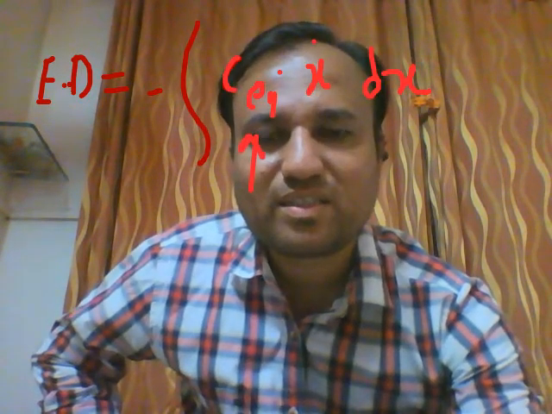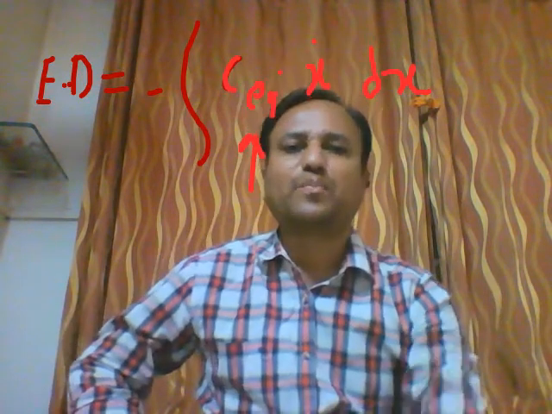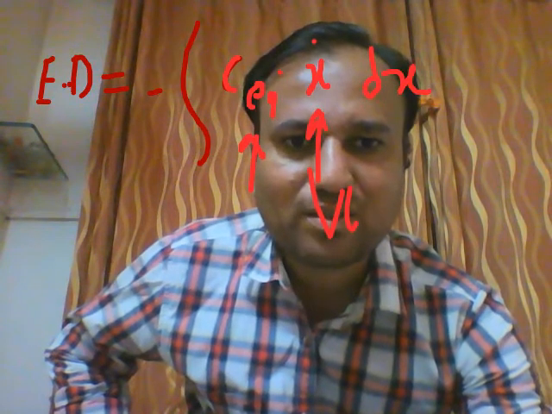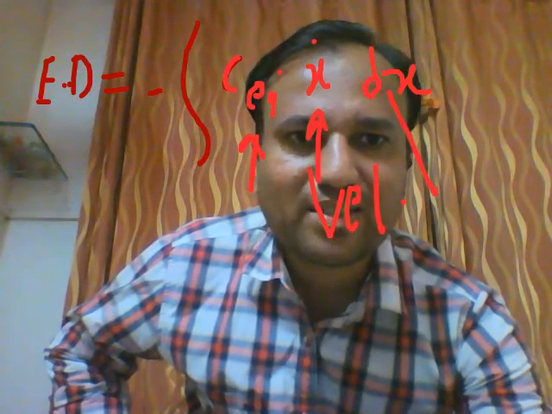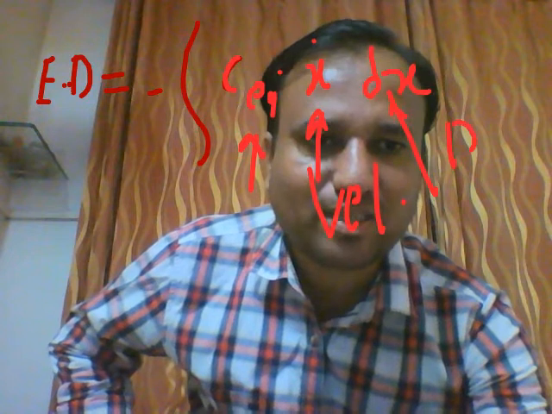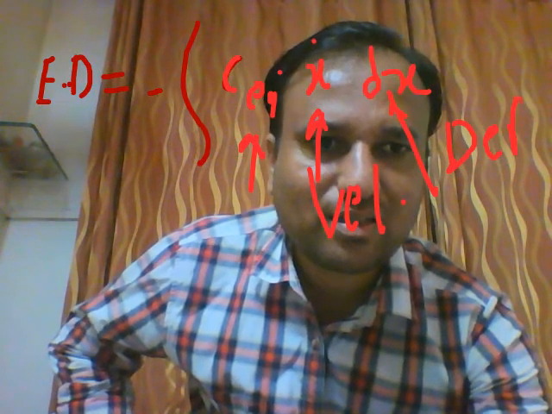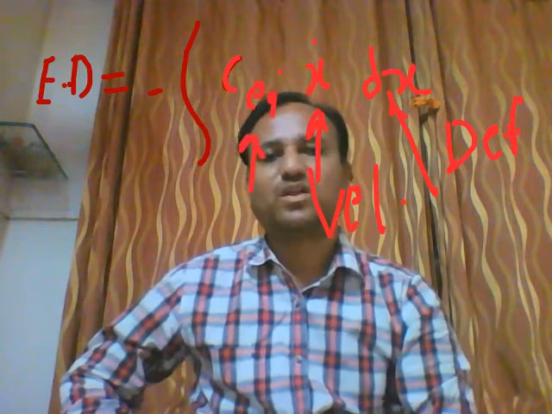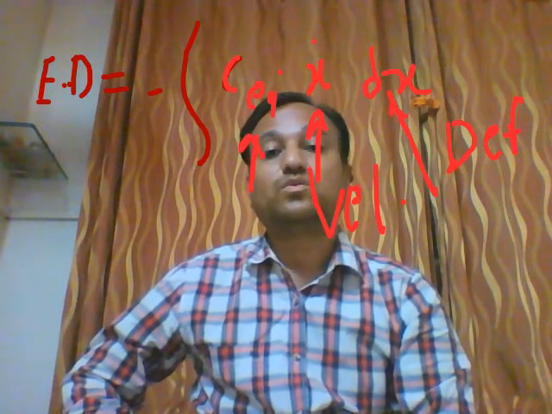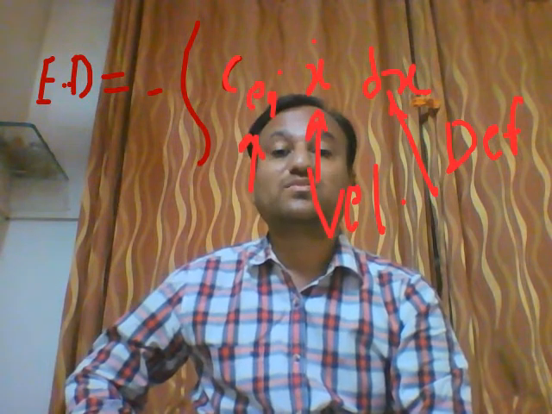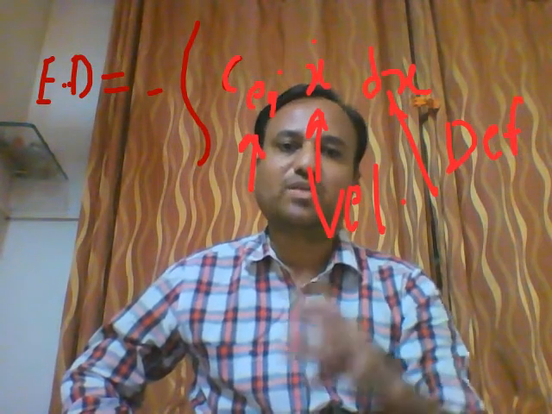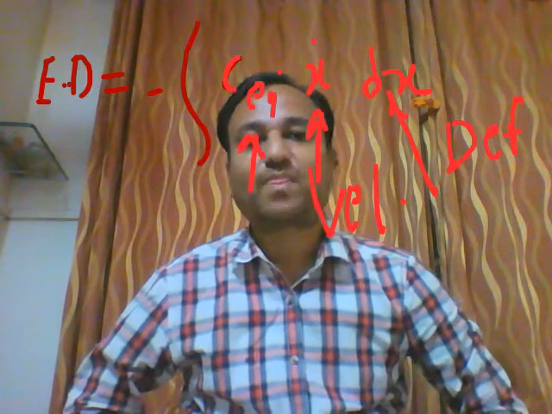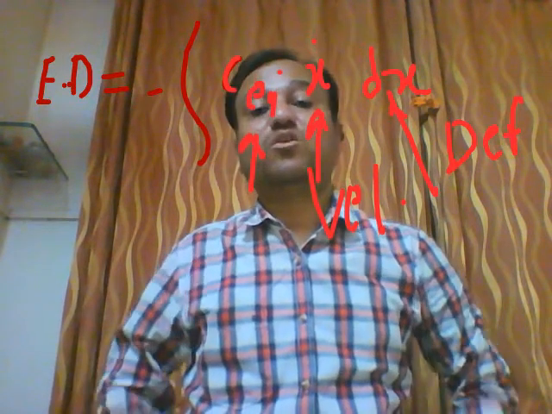C is the damping coefficient, x dot is the velocity of the damper, and dx is the deflection of the damper, you can say. So you must calculate energy dissipation to analyze the equivalent system, the spring, mass and dashpot system. So this is the case for the x coordinate or for longitudinal vibration.